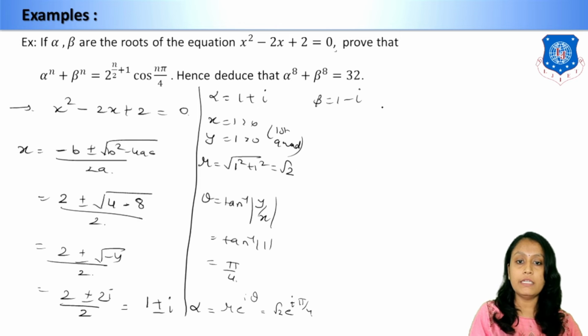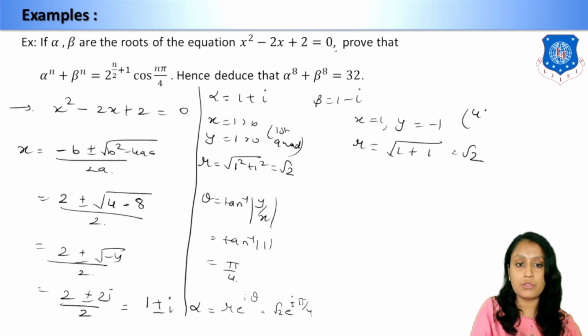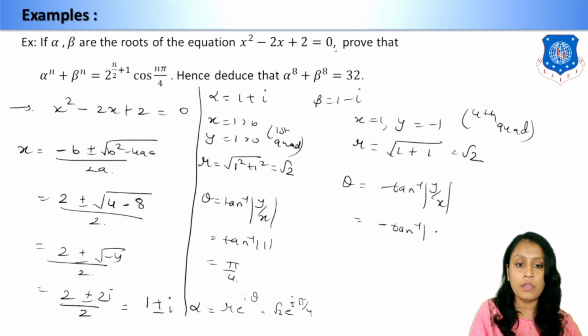Alright. Now beta is 1 minus i. So compare with x plus iy. So x is 1 and y is minus 1. So r is under root x square plus y square. So 1 plus again 1, so the answer is under root 2. Now x is greater than 0 and y is less than 0, so this lies in the fourth quadrant. Therefore theta is minus tan inverse mod y by x. Let's substitute y and x, so you will get minus tan inverse mod 1.